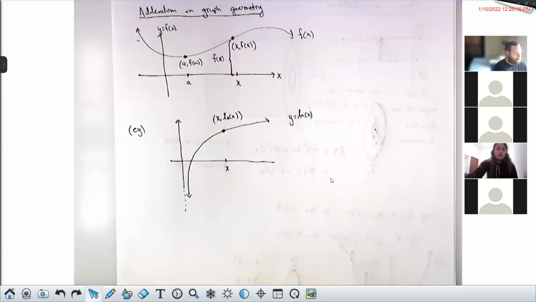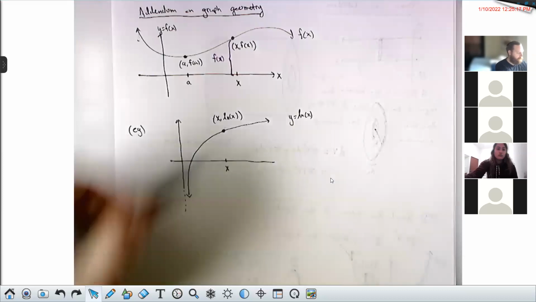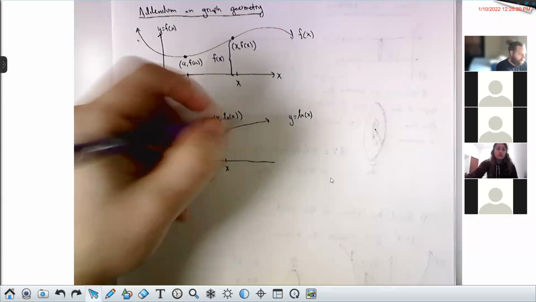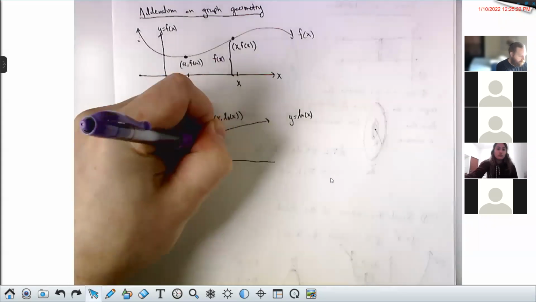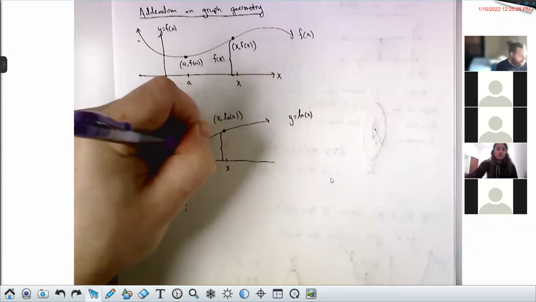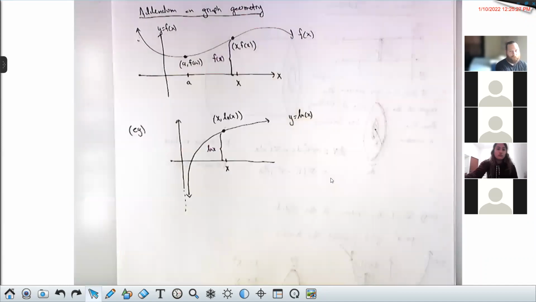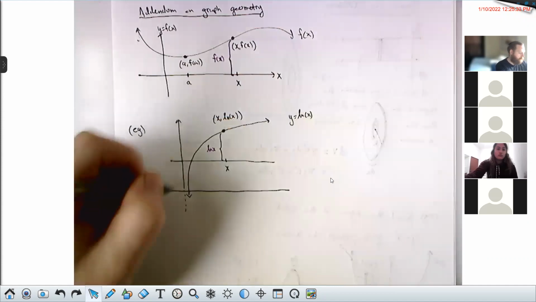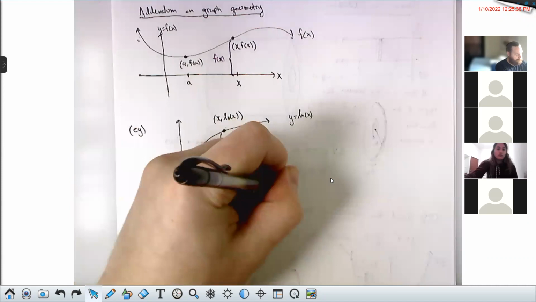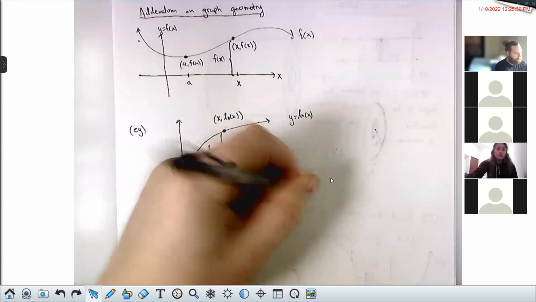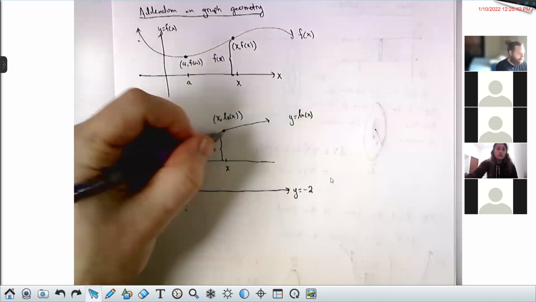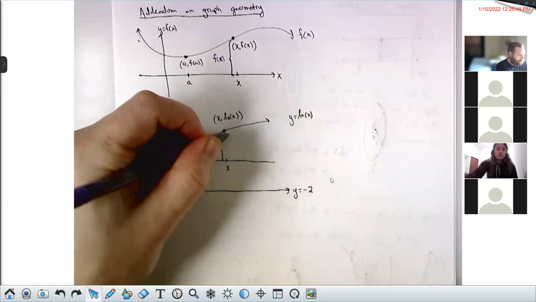And if I wanted to find the distance from here to here, this would just be ln of x. If I were to throw in some other thing here, maybe I call this the line y equals -2.